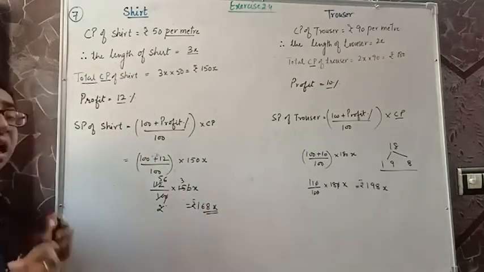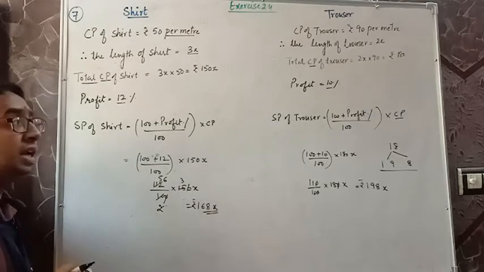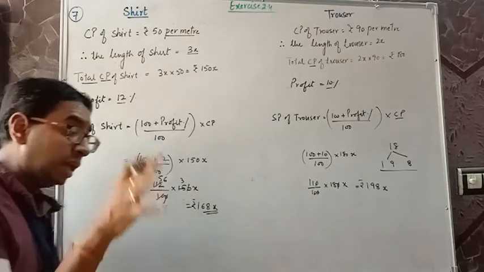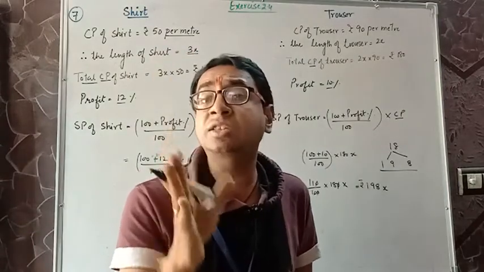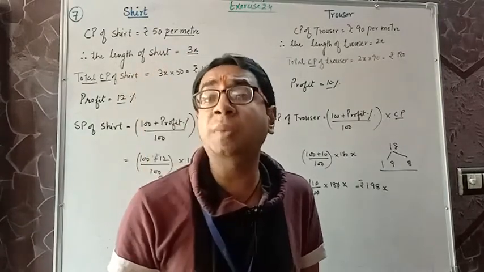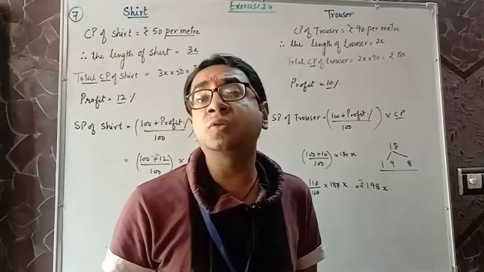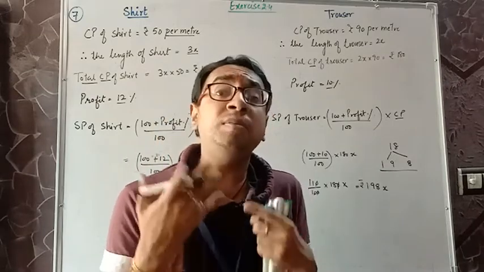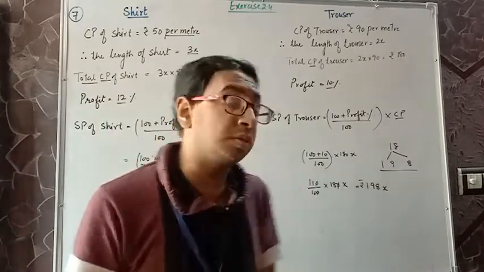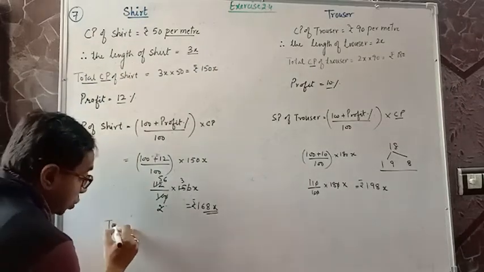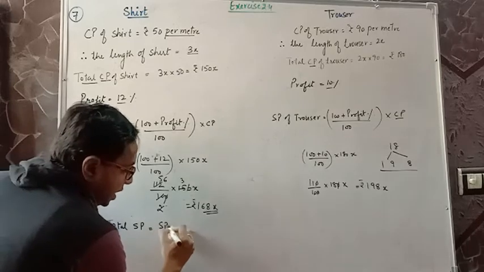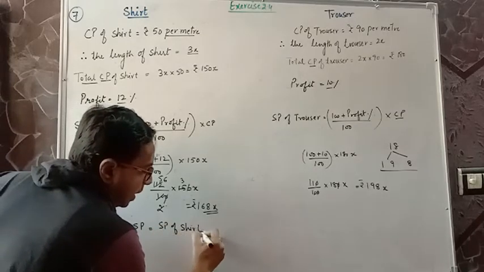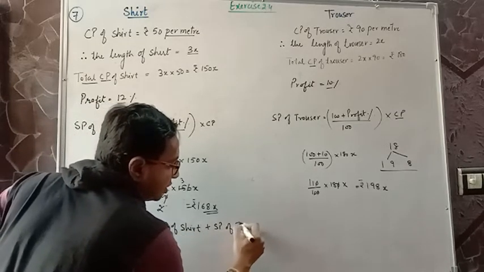Clear? Now, if you see the question clearly, after selling shirt and trouser, the total amount the shopkeeper made is rupees 36,600. It means the total amount paid by whom? Hassan. So can we say total SP is equal to SP of shirt plus SP of trouser?